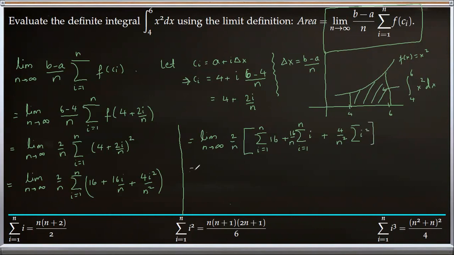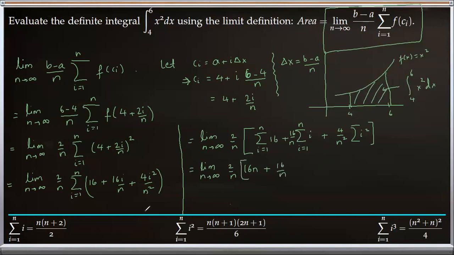Okay. So now we have a bunch of sums to evaluate. 2 by n times: the first one is sum i equals 1 through n of 16. So basically we are adding 16, n times. So we get 16n, plus, next we have 16 by n.